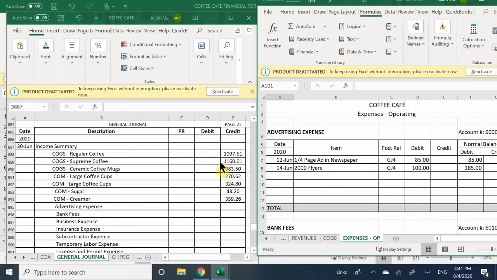So here I have advertising expense for a grand total of $185. And again, most of my accounts are originally debited. So I'm going to go ahead and credit this account.